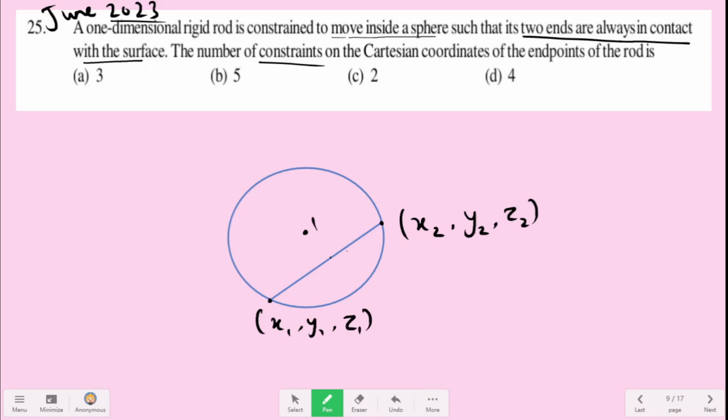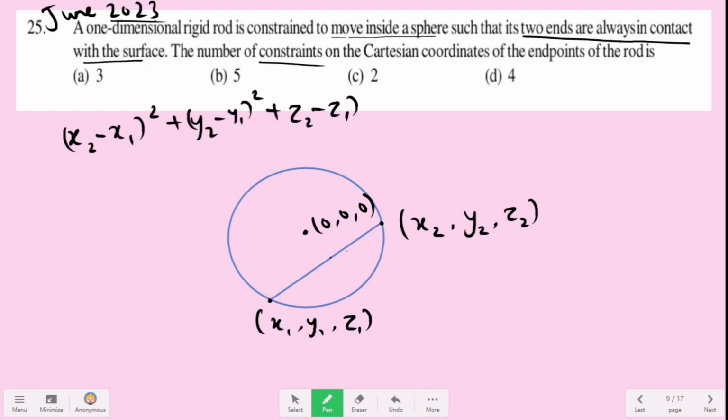And the center of the sphere is at the origin, 0, 0, 0. Therefore, one of the constraints is that the length of the rod is always the same. That is what we mean when we say it is a rigid rod. Therefore, we can write (x2 minus x1) whole square plus (y2 minus y1) whole square plus (z2 minus z1) whole square is equal to L square. That is, the length of the rod is always the same.